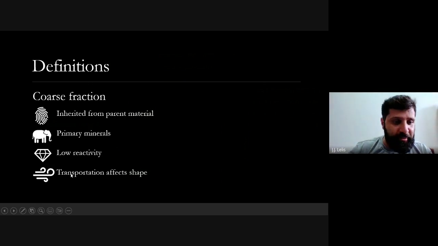And these transportation processes could affect the shape, the selection, the size of the material. So it's quite easy to see some layers or horizons of soils that evolved from aeolian sediments, because aeolian sediments are very well sorted.